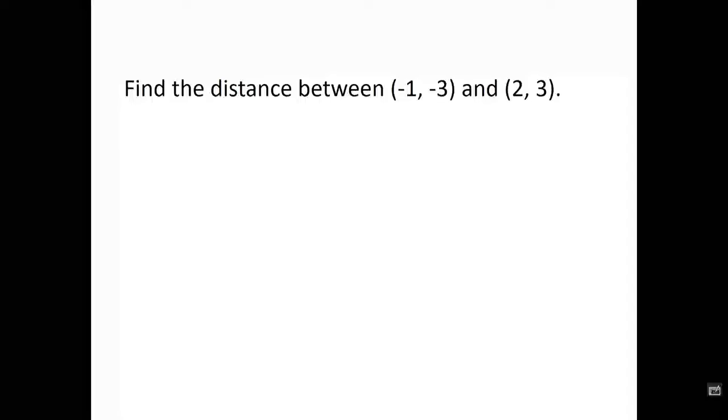Let's simplify. So we have the square root of 2 plus 1 squared plus 3 plus 3 squared. 2 plus 1 is 3, so we have 3 squared, plus 3 plus 3 is 6, 6 squared.